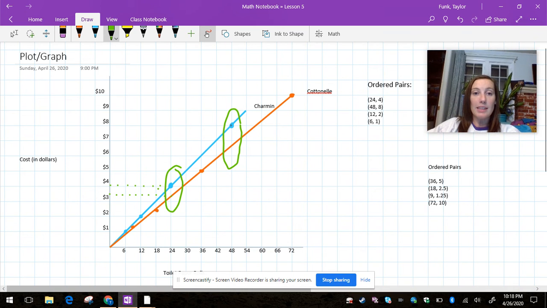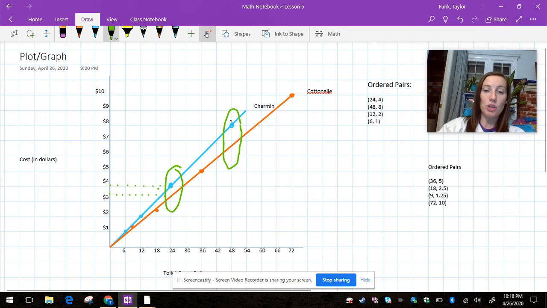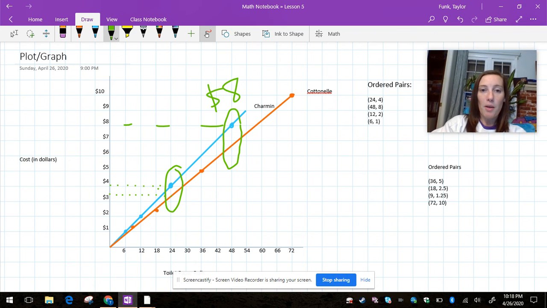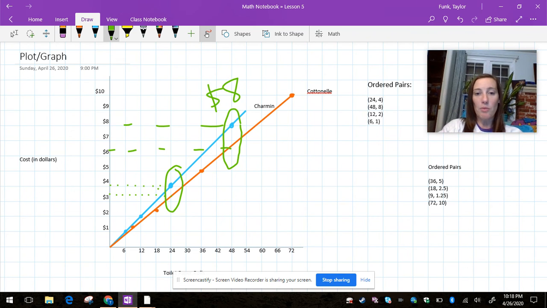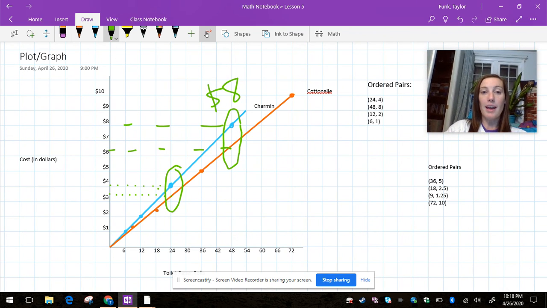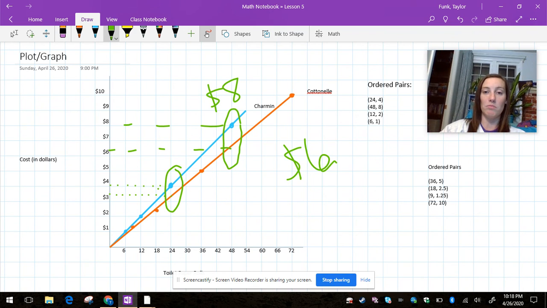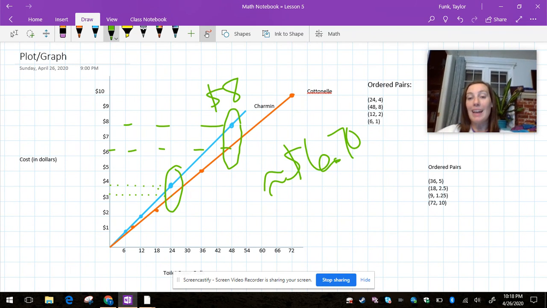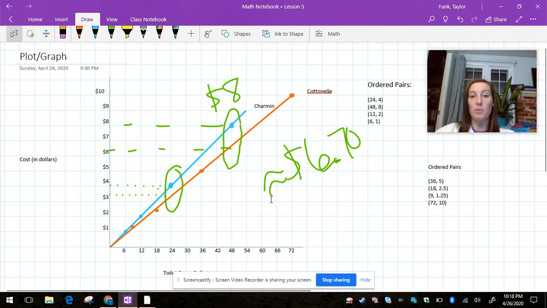So here I can see that it's over $1 of difference, because 48 rolls of Charmin is going to be $8. I can see it connects across here, but 48 rolls of Cottonelle looks like it's maybe $6.70. That's ballpark-ish.